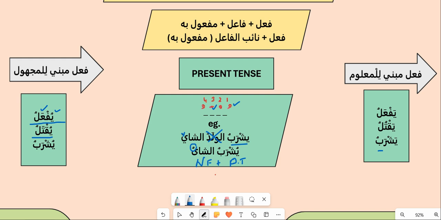Now let's go back to the present tense examples. You can see yaqulu becomes yuqalu. When it takes the structure of the majhul in present tense, the waw is changed back to alif. This interchange of alif to waw, waw to alif, and alif to ya, ya back to alif keeps on happening. You just need to understand that the alif will change either to waw or ya.